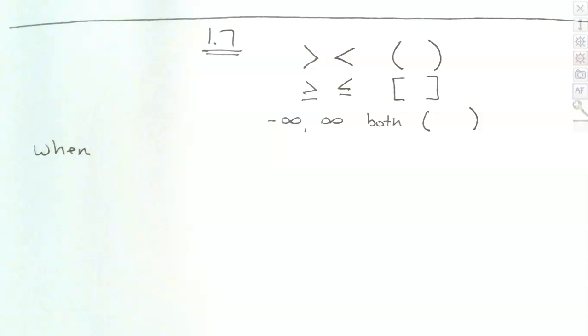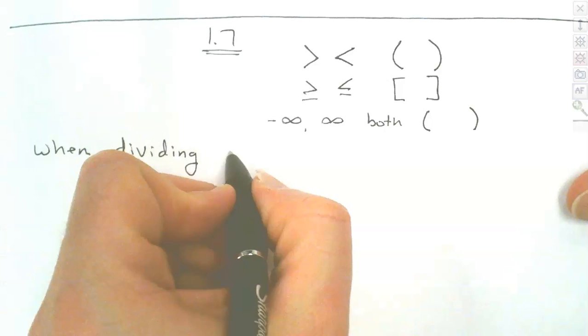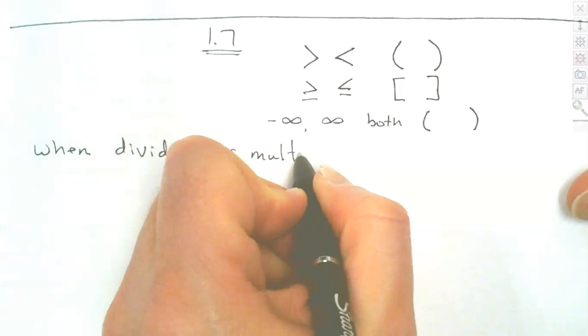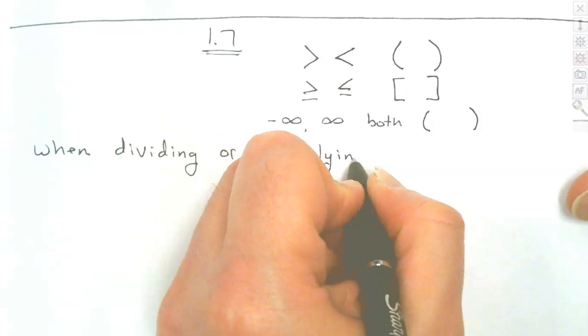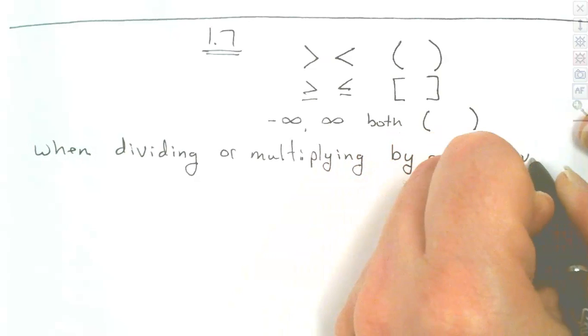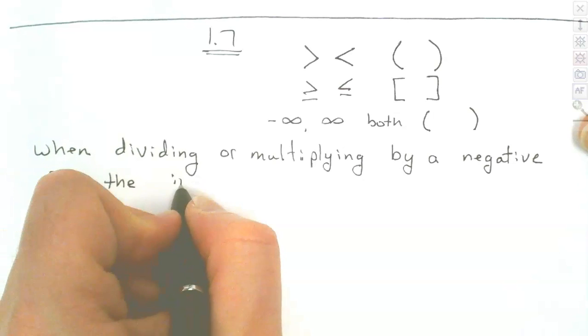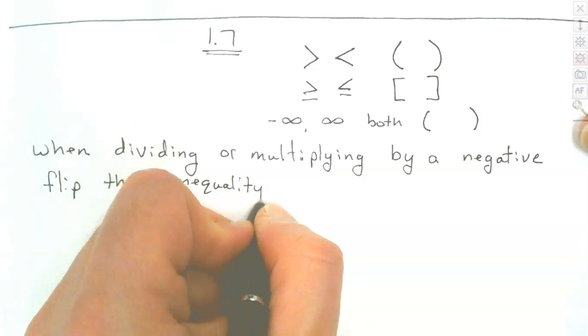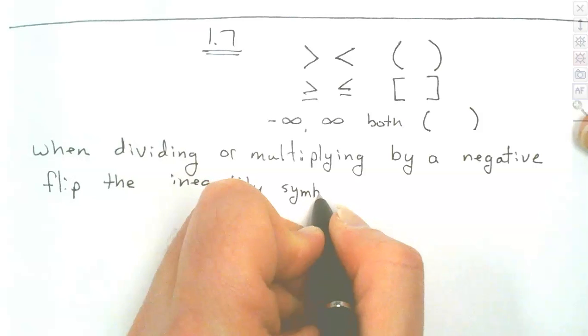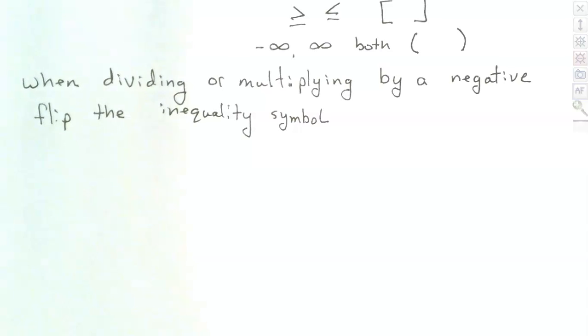So when you divide or multiply by a negative, flip that inequality symbol.